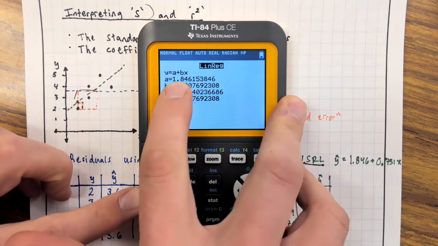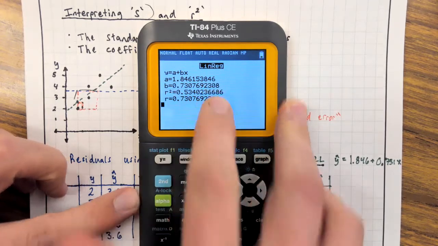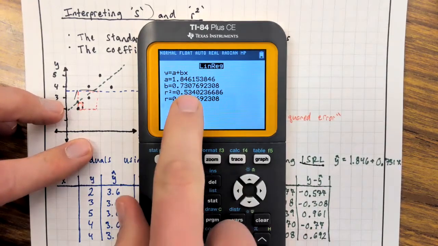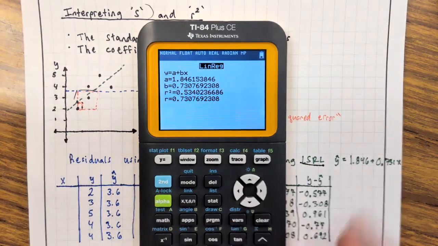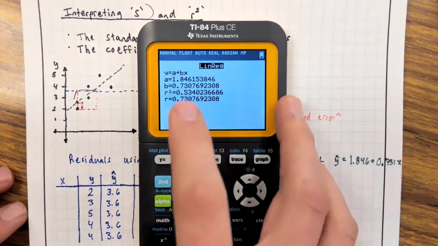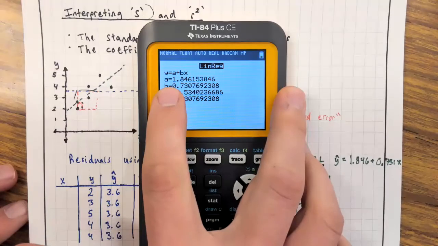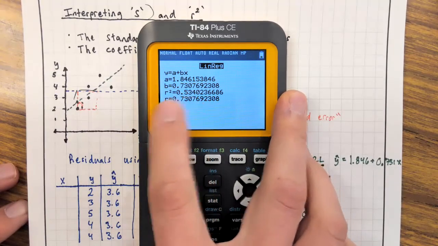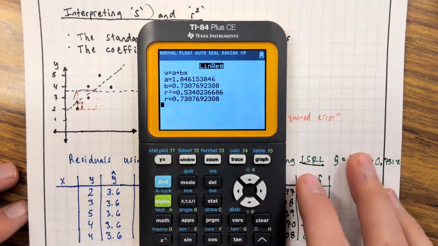If I would have used all of this information for the slope and y-intercept and made these guesses or these residuals more accurate, then I would have got this result. So anyways, you can get the coefficient of determination just from using your calculator. If you're able to find the slope and y-intercept, you should be able to find the coefficient of determination and even the correlation coefficient. So awesome.